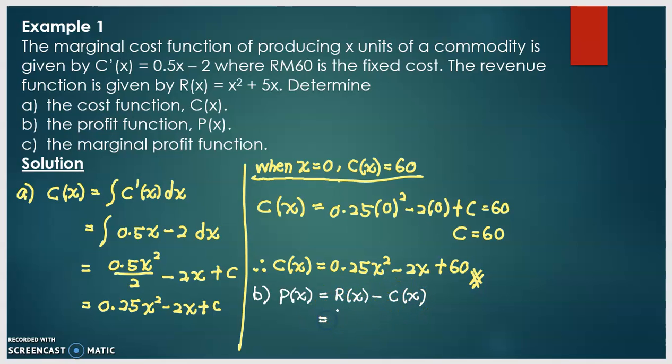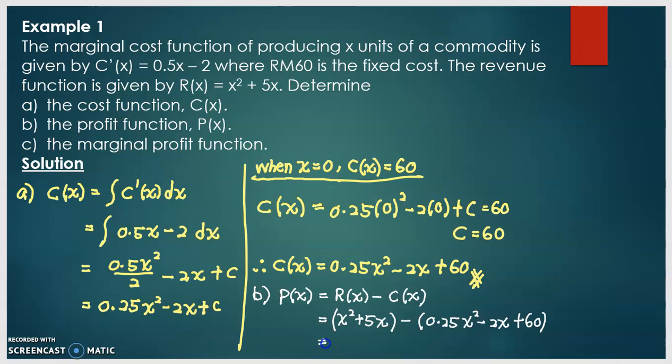My revenue function, which is given, is X squared plus 5X, minus the cost function. The cost function is 0.25 X squared minus 2X plus 60. You have to put the bracket because here is minus, so it will change the sign inside the bracket.